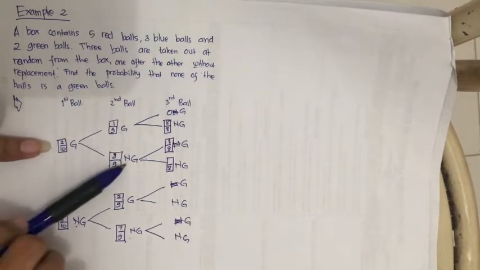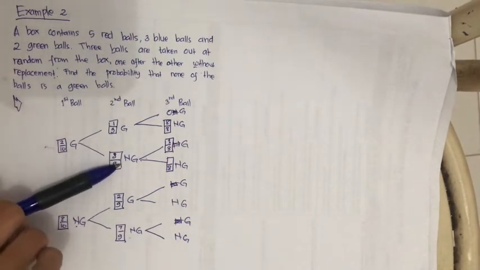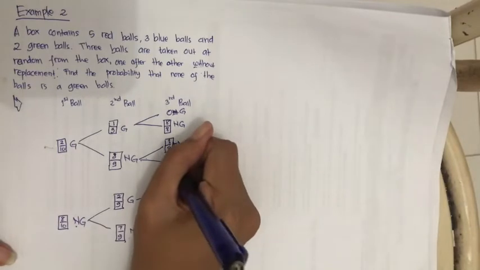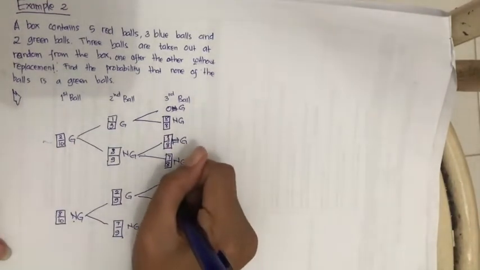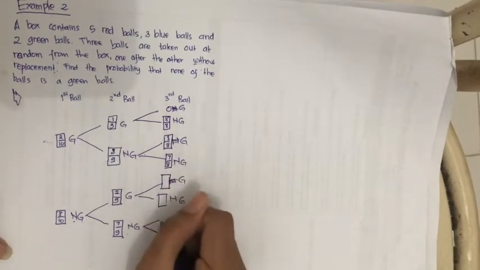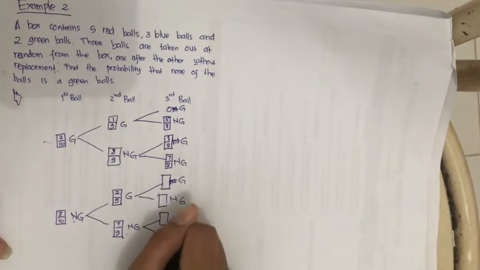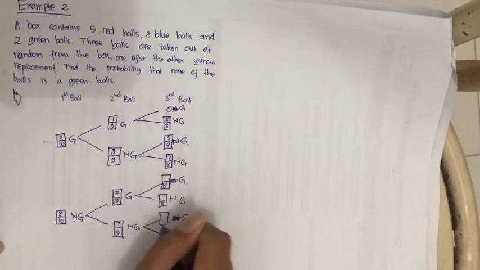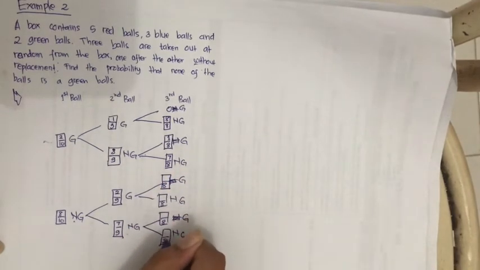And then for non-green, again it is over 8. So green, non-green, it means we already took 1 non-green ball, so we have 7 more non-green balls. So we have 7. Just the same case here, over 8, because the sample space is 8 for the third experiment.